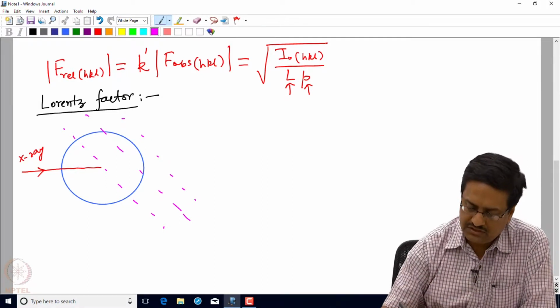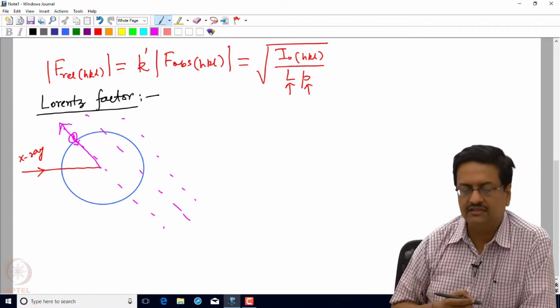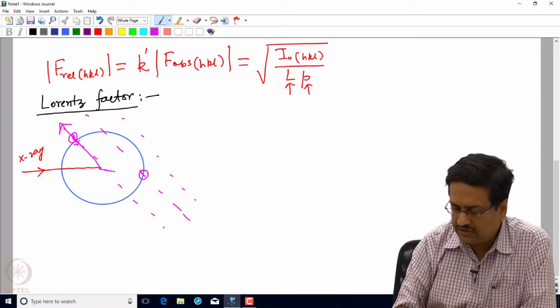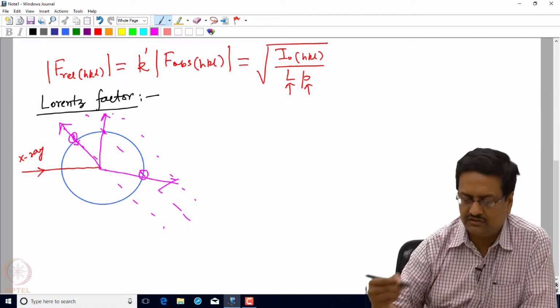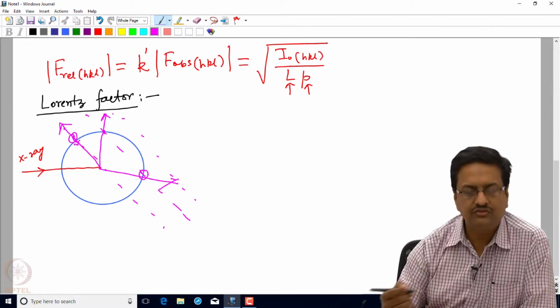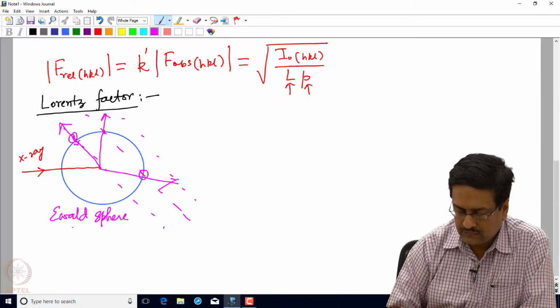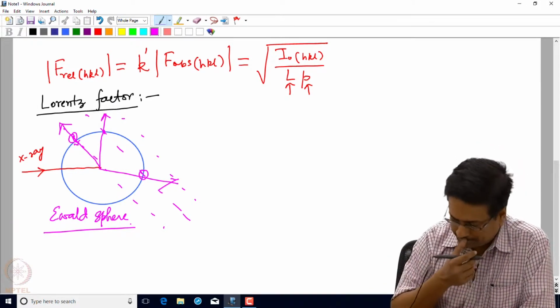When a particular reciprocal lattice point passes through the Ewald sphere, a diffraction occurs in that direction. When the reciprocal lattice point passes through this point, a diffraction occurs here. When a reciprocal lattice point passes like that, a diffraction occurs there. So each and every point in the reciprocal lattice has to pass through this Ewald sphere to cause diffraction. This is what we understood in one of our previous lectures.